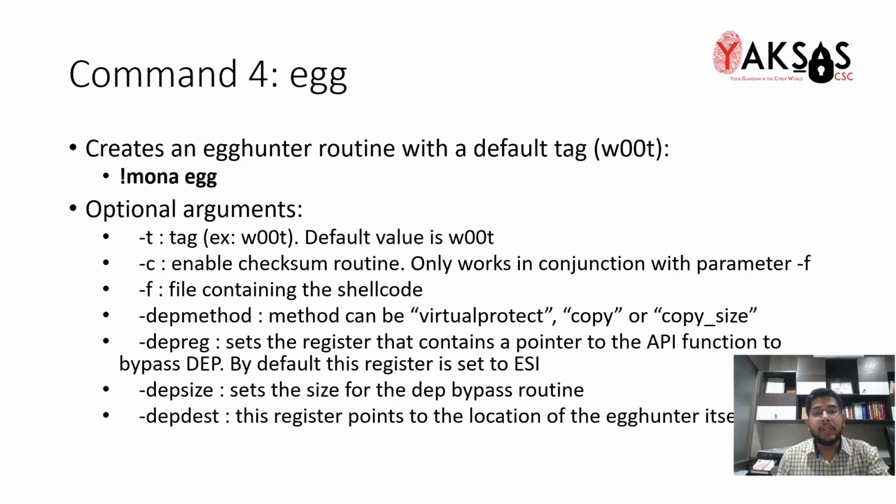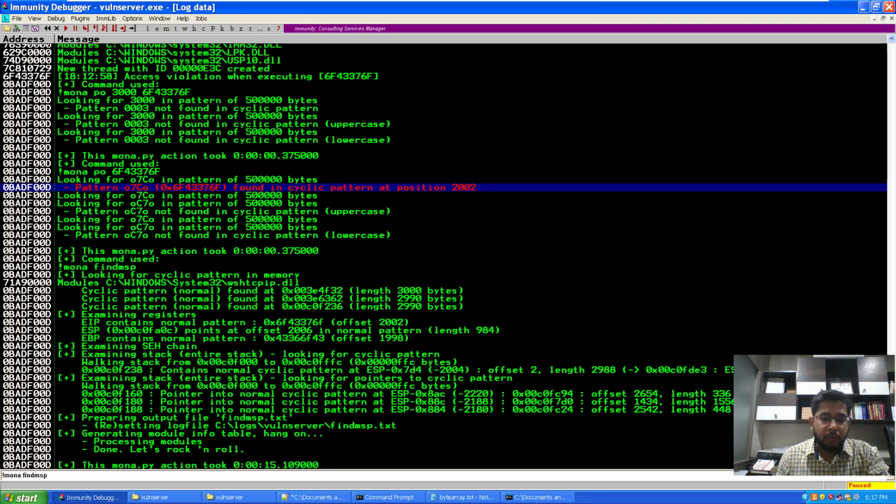So if you're dealing with exploits that need to bypass DEP, Mona provides arguments for that purpose also, and these are the 4 arguments: depmethod, depreg, depsize, and depdest. So let's see this command in action. So I'll generate an egg using Mona egg.